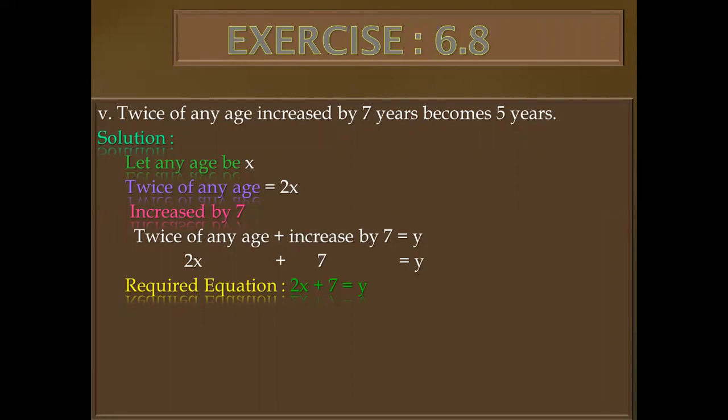We suppose that any age is x, twice the age will be 2x, increased by 7, so we put here the plus sign. Twice of any age increased by 7 is equal to y. So 2x plus 7 is equal to y.